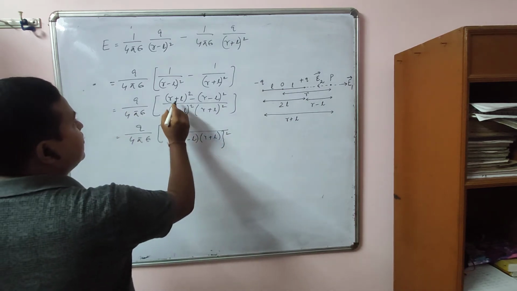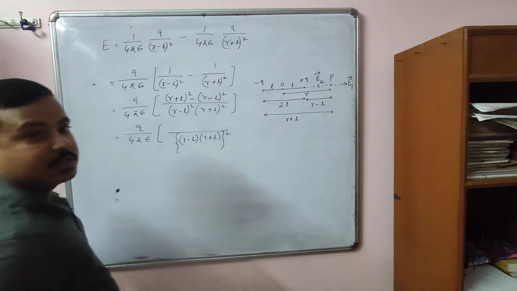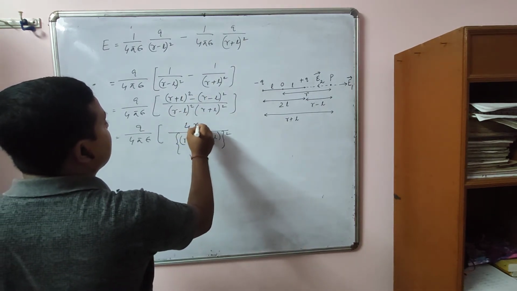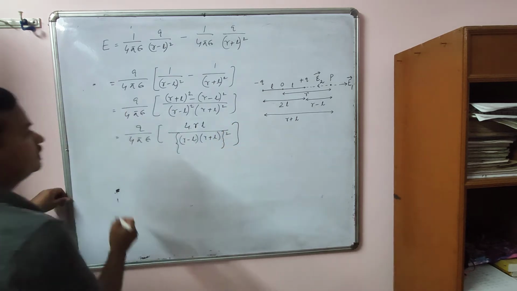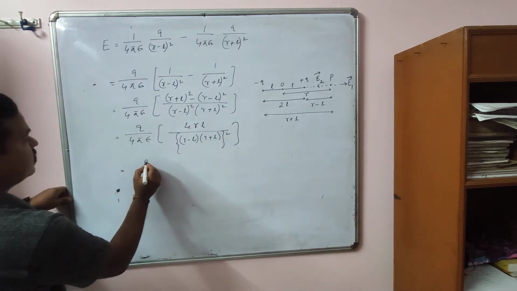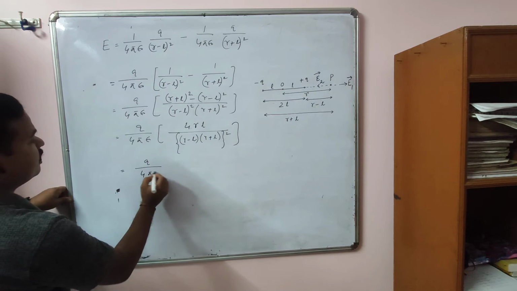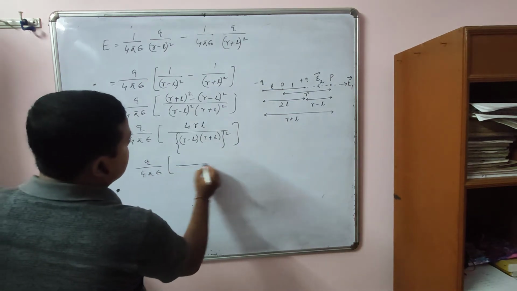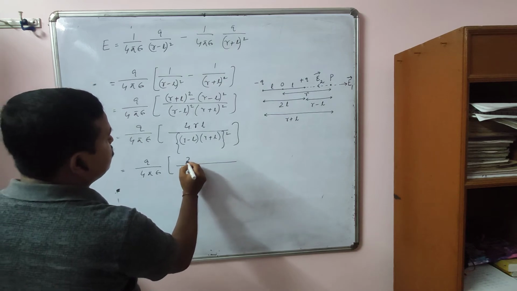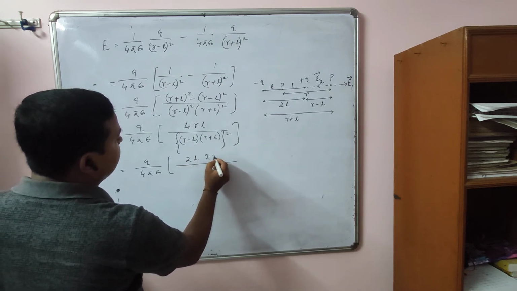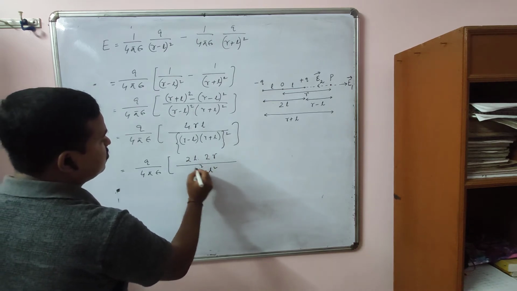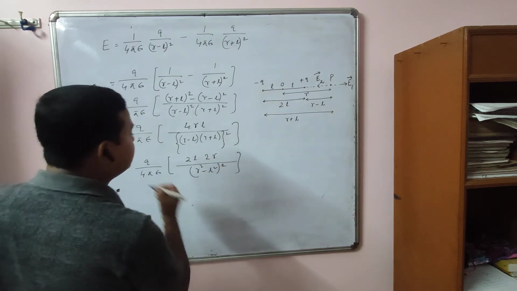Here it will be a plus b whole square minus a minus b whole square, which is 4ab. ab means R into L. So q by 4 pi epsilon, now this you can write as 2L into 2R, and here it is a square minus b square, so R square minus L square whole square.